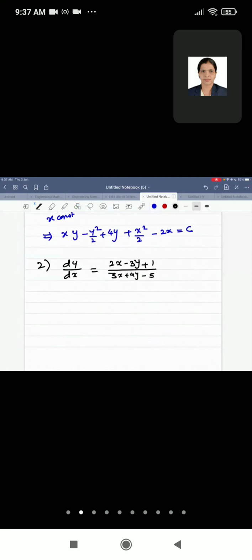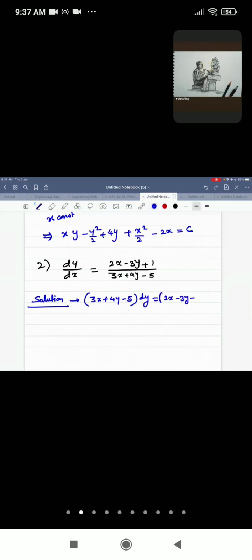Now, in order to get the solution, my first step will be to cross multiply and write it in our regular form. So what does it give? It gives (3x plus 4y minus 5) dy equal to (2x minus 3y plus 1) dx.